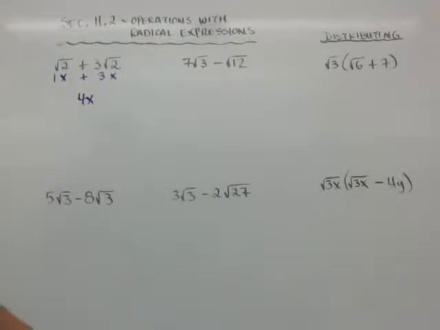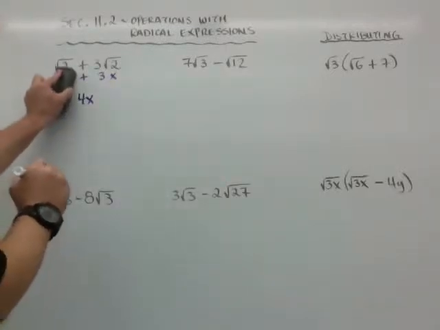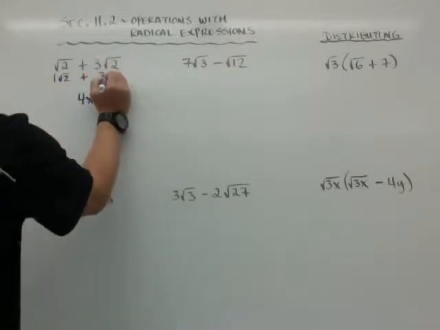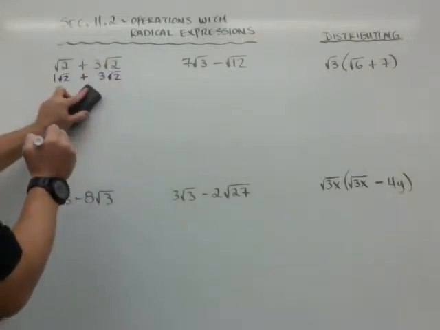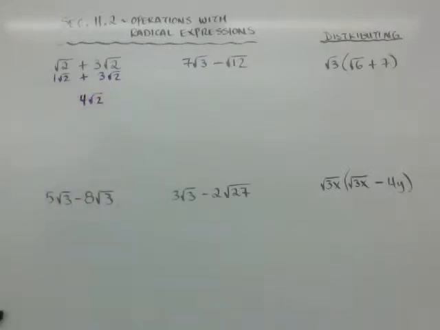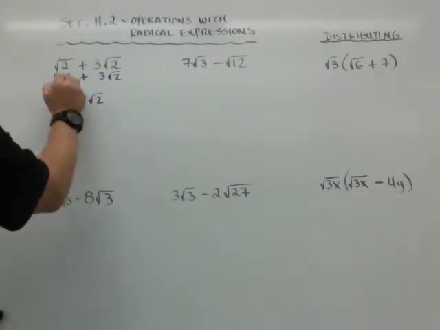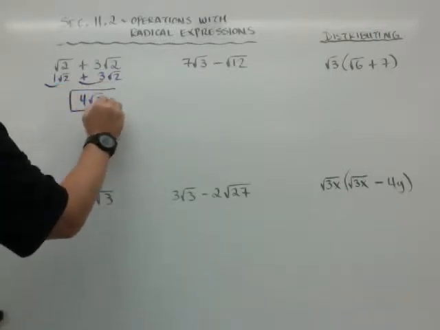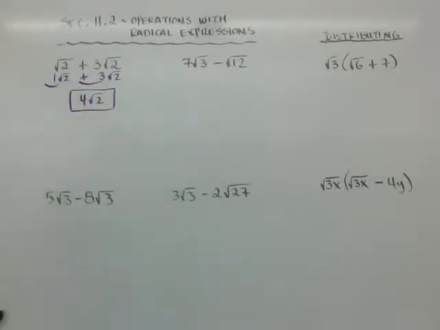In the same way, if you change the x to radical 2, then you just add the 1 and the 3 and leave the radical 2, and that's your answer: 4 radical 2. So you can combine them as long as they are the same radical.